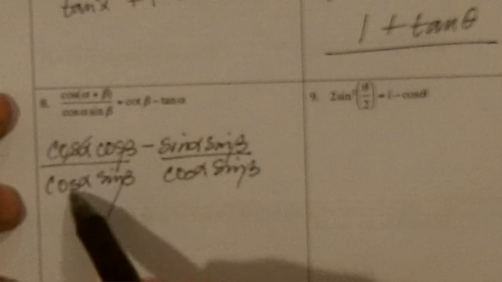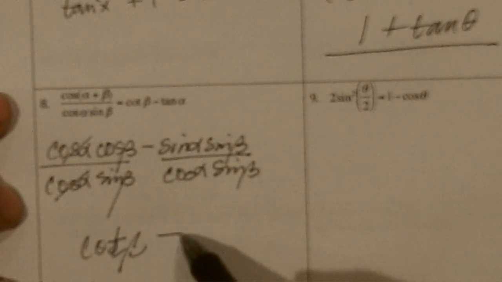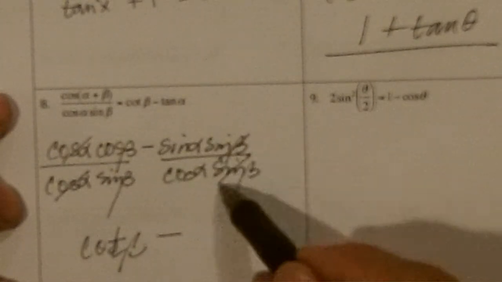In the first one, the cosine alphas cancel and I get cotangent beta. In the second one, the sine betas cancel and I get tangent alpha. Done.